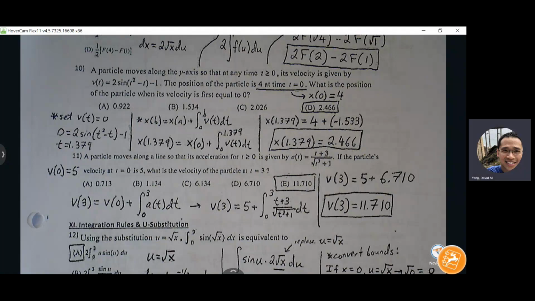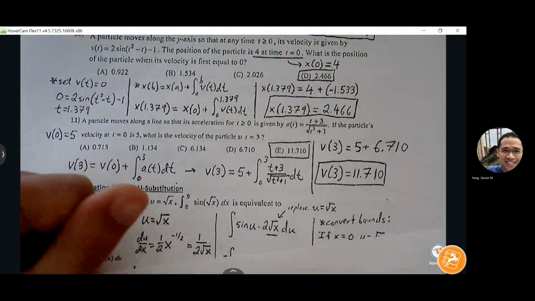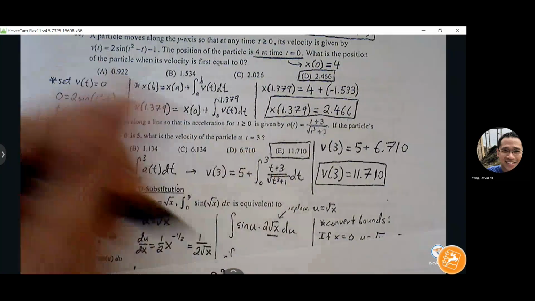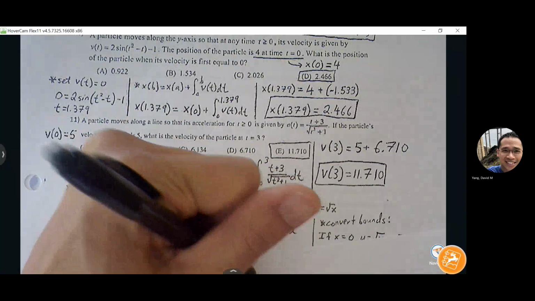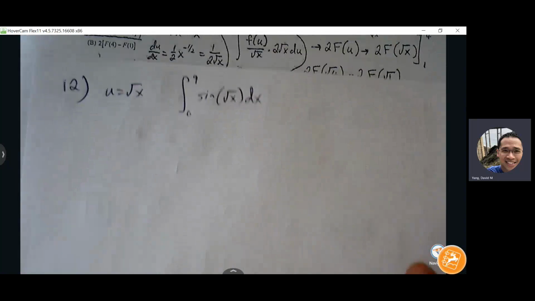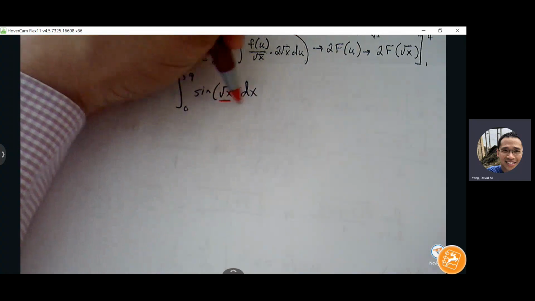Okay, number 12, use substitution. So we're not asked to solve it all the way. We just need to get it to the point where it will match our answer choice. But they do give us a good starting point. We know the u value is root x, so we'll just go as far as the problem needs us to go.